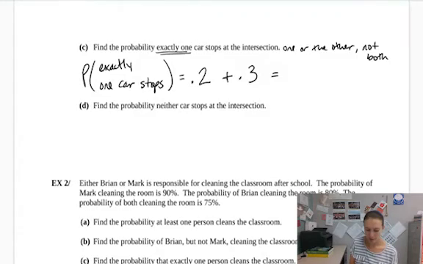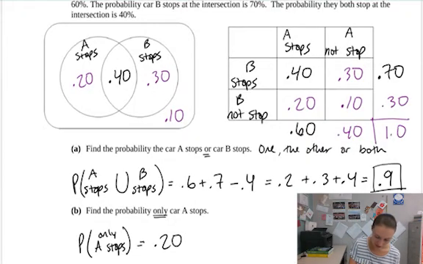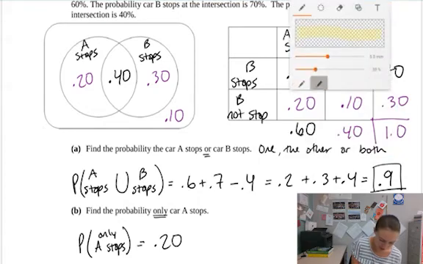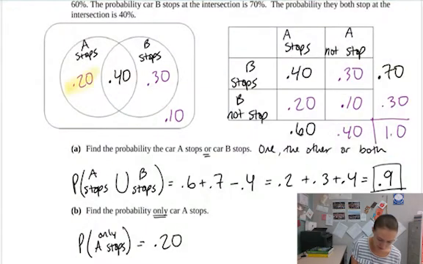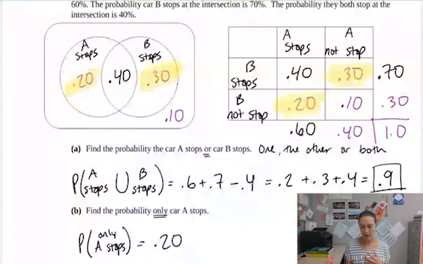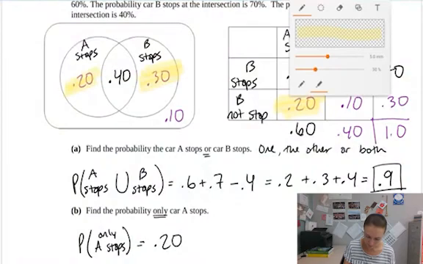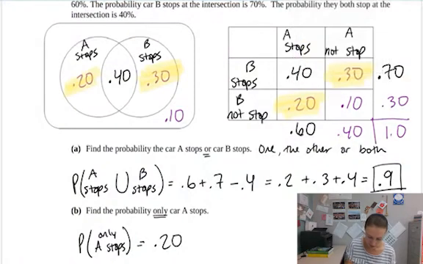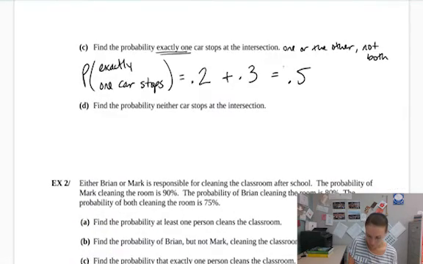I guess this is the best way that I would do the problem, is just to use this number here and this number here and not include the 40%. So again, this number and this number, if I were using the table, I can add those together to find my probability. So that's going to be 0.5.